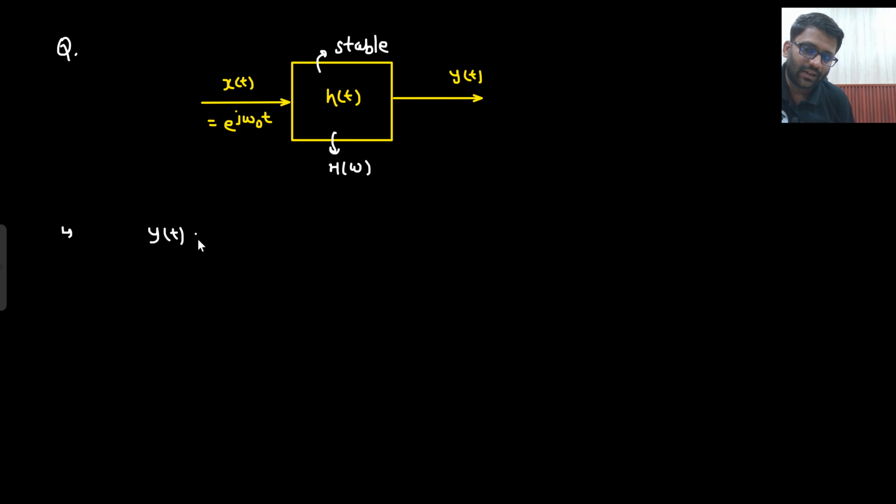So by the basic definition, I know that y(t) can be given as h(t) convolved with x(t). So one as it is, the other one inverted and then shifted.